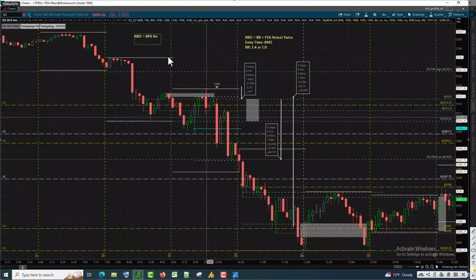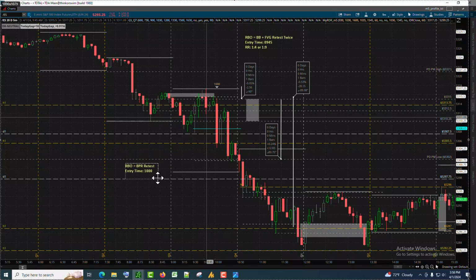Retest. This is an entry time, 10 right there. Let's move it right here.